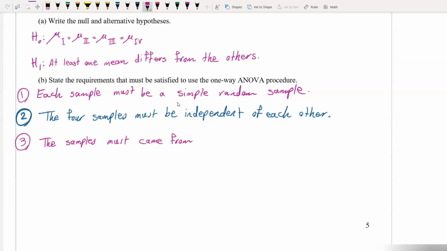Our sample is from a population that is normally distributed.